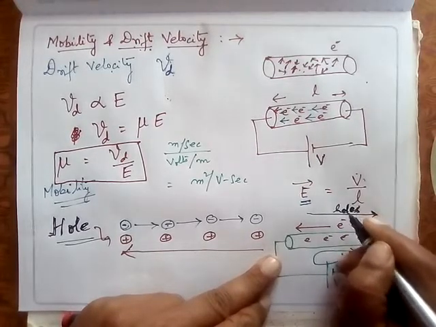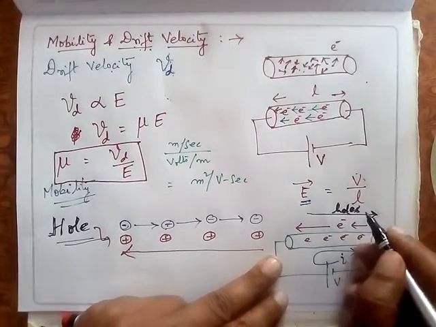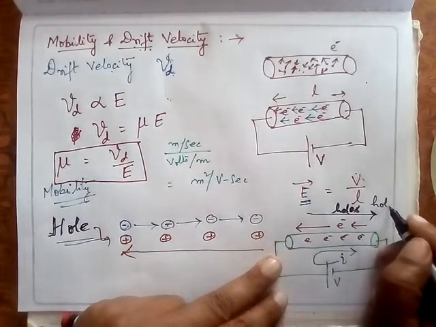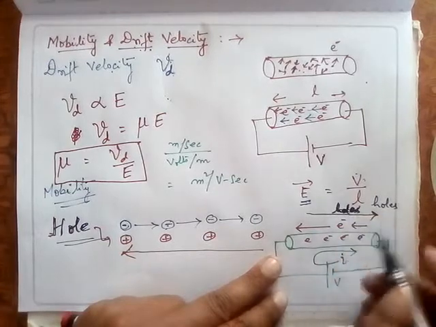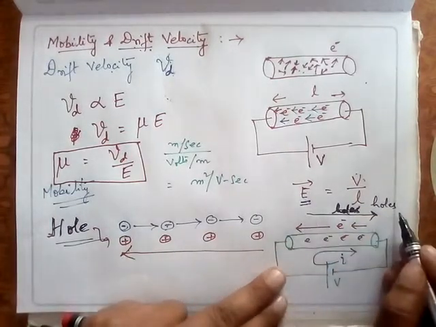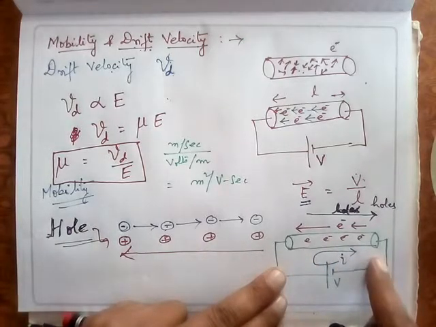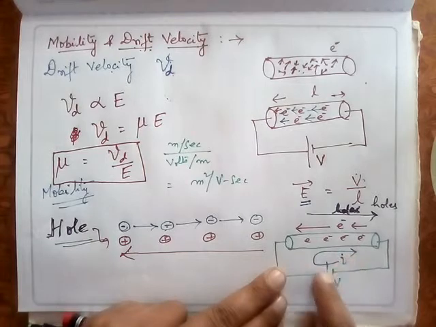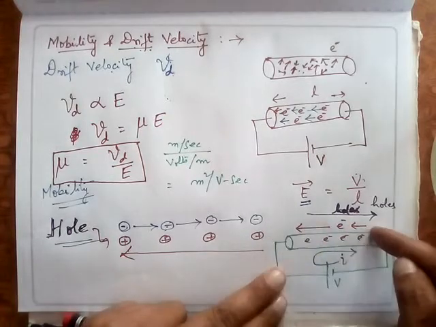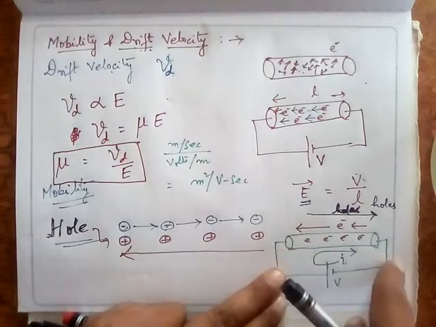I have written this holes, H-O-L-E-S, please. So if the electrons are flowing in this direction, the holes are flowing in this direction, or I can say that the sign convention of the current is either opposite to the direction of flow of electrons, or in the direction of flow of holes.